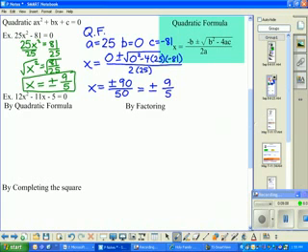Now when we get down to a different one, our next quadratic, we have 12x squared minus 11x minus 5 equals 0. So I can use the quadratic formula. So x equals negative b, change the sign, plus or minus b squared minus 4 times a times c.